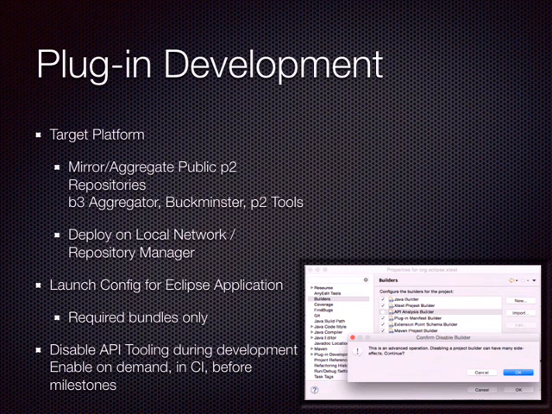If you use API tooling, which is an important feature if you work for Eclipse to detect changes in the API and where you have to manage the versions, this is important, but it is really a slow feature, and it is better to just disable this during normal development and enable this in a CI build.